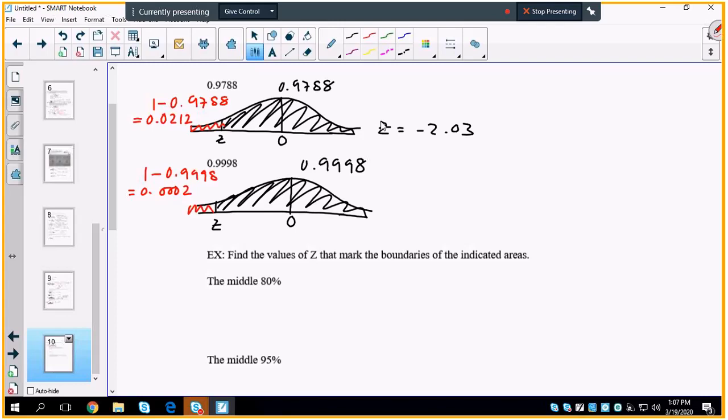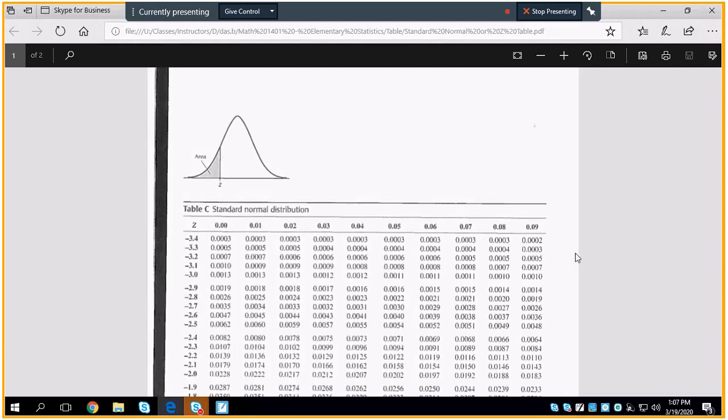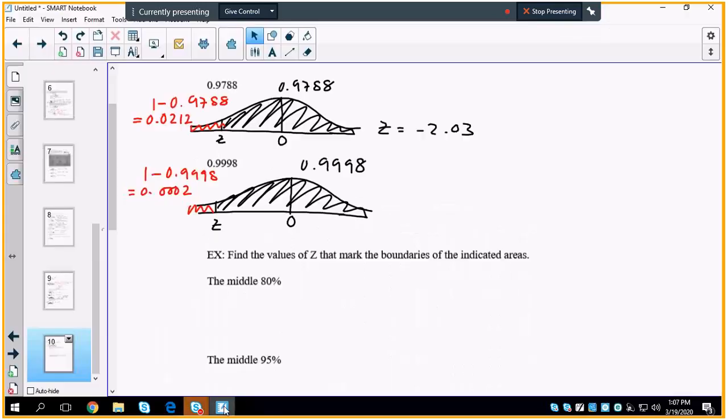So look for this value on the left side of the table, 0.0002. Let's see, 0.0002 is there. It's row negative 3.4 and column is 0.09. So I get negative 3.49. So my required z is negative 3.49.